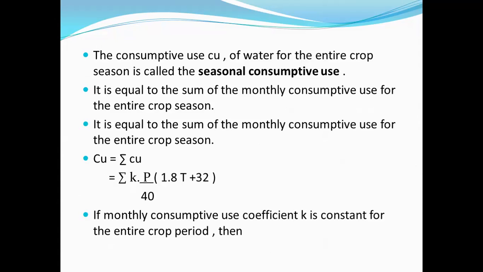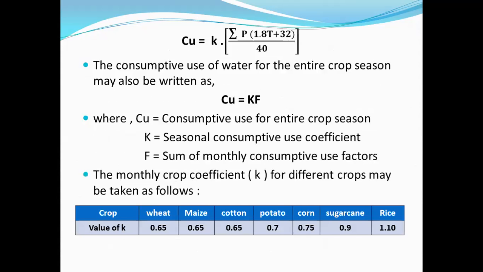So Cu is equal to the summation of K multiplied by P multiplied by (1.8 T plus 32) divided by 40. If the monthly coefficient K is constant for the entire crop period, then Cu equals K multiplied by the summation of P times (1.8 T plus 32) divided by 40, with K taken out of the summation.